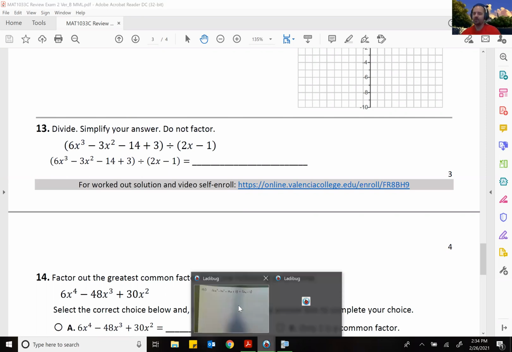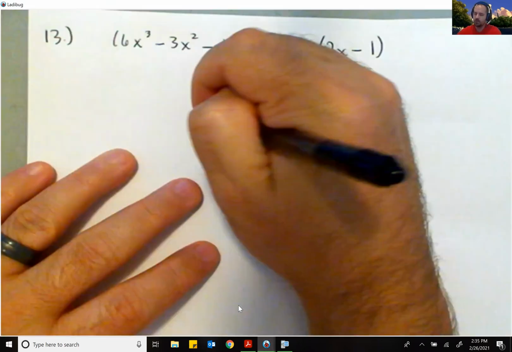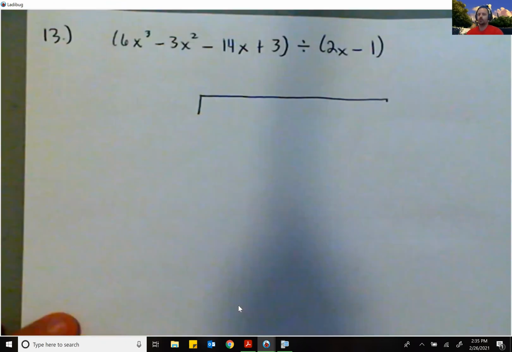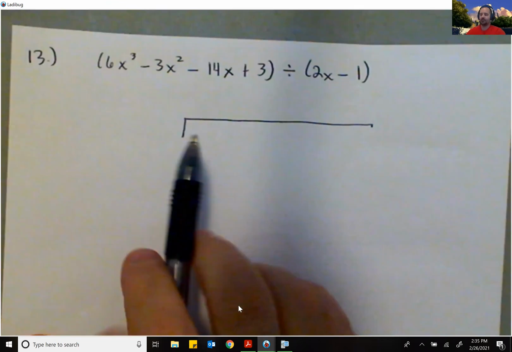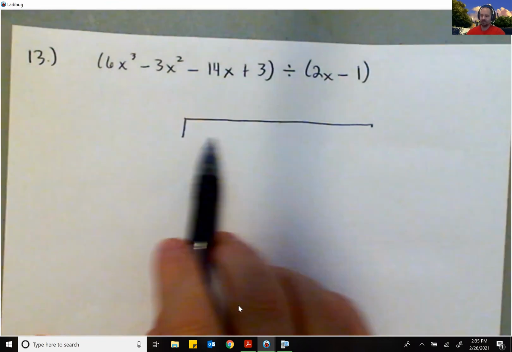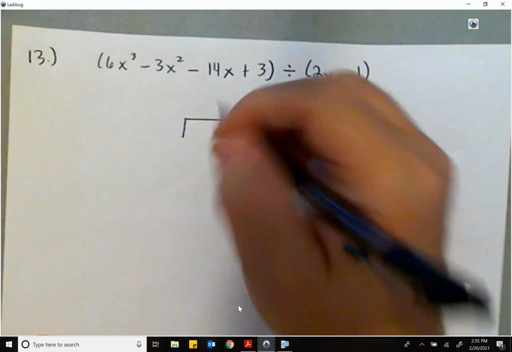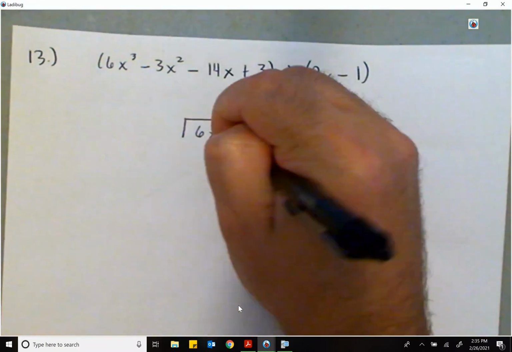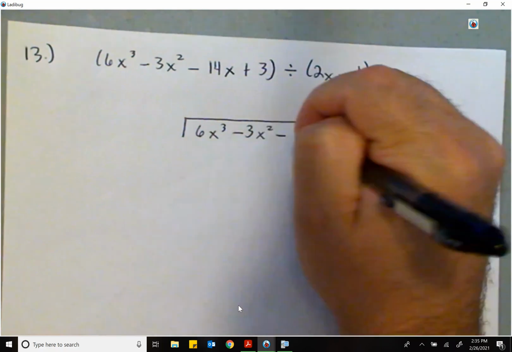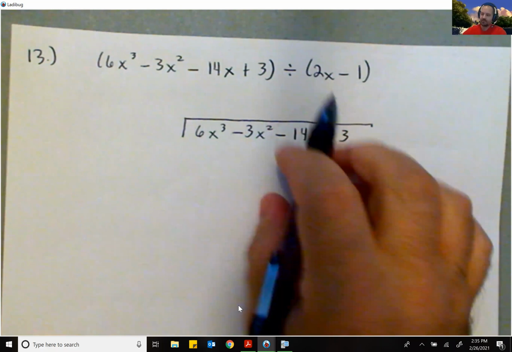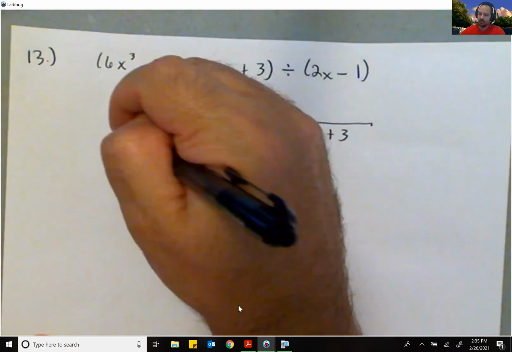All right, so we are doing long division. Which one of these parentheses goes under the division symbol? The first one. And then the 2x minus 1 obviously has to go out in front.